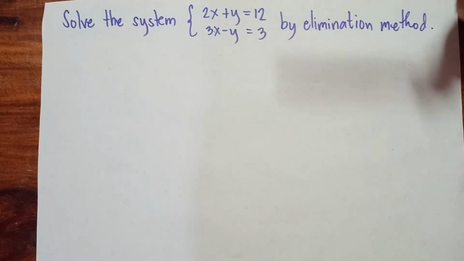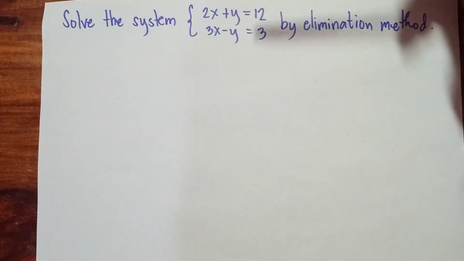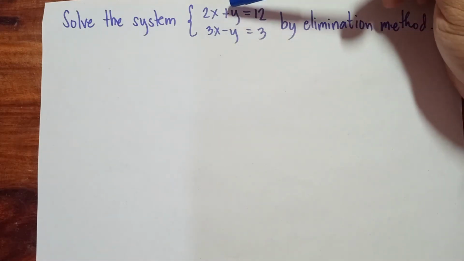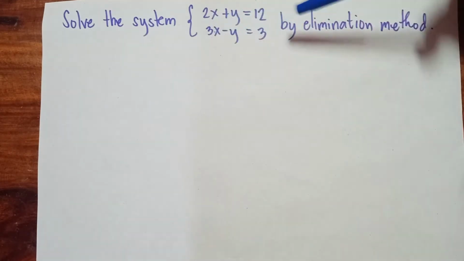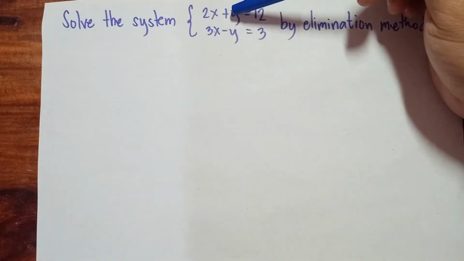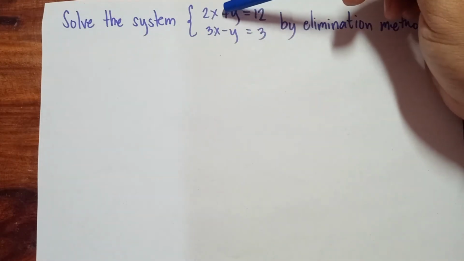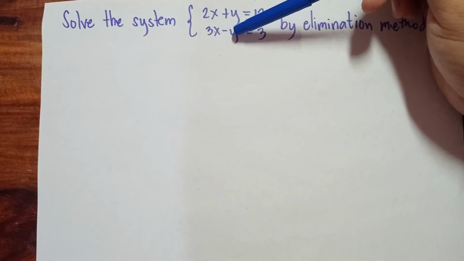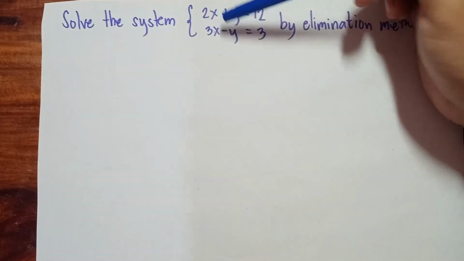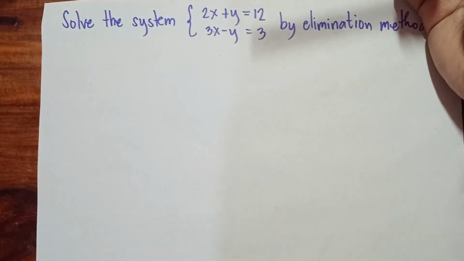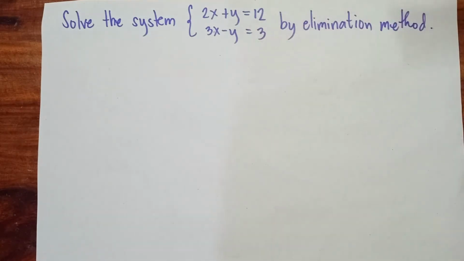Okay? So in this particular example, kung ma-notice nyo mga boss, between the variable y of the first equation and also the y of the second equation, the coefficient of y in the first equation is positive 1. The coefficient of y in the second equation is negative 1. Kung ma-notice nyo mga boss, 1 and negative 1 are additive inverse with each other.